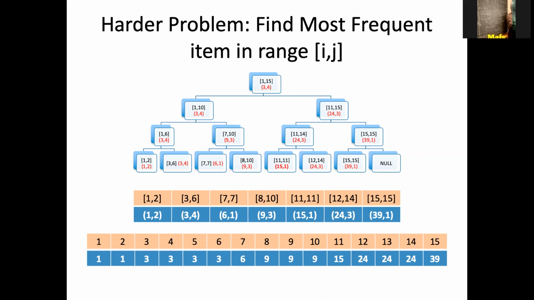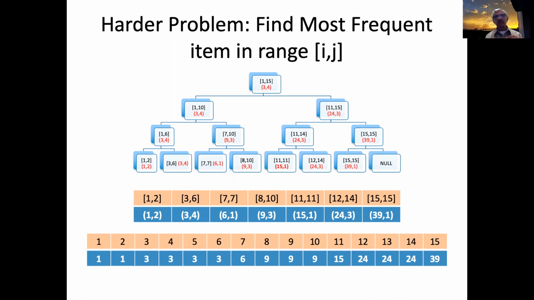I'm going to start at the root, and the root has the range of 1 through 15. And then I will ask the question whether 7 through 10 is completely on the left side, or completely on the right side, or partly in both. So 7 through 10 is completely on the left side because it's contained in 1 through 10. So I just move down there.